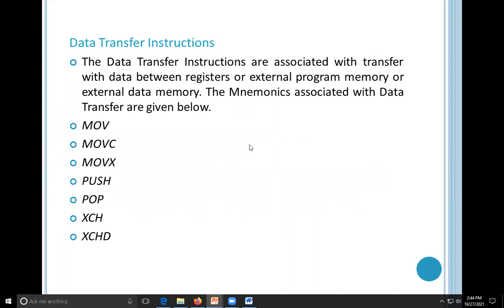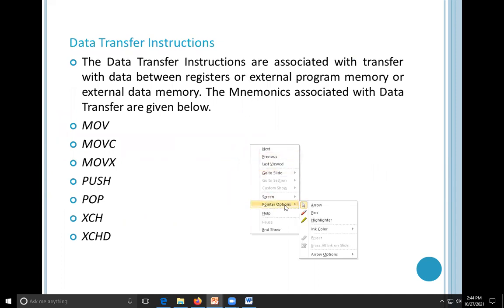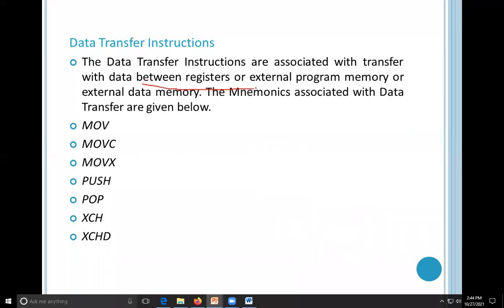The data transfer instruction is associated with transferring data between the registers and external program memory or external data memory. Just like the 8085, in the 8051 there is external program memory and external data memory.